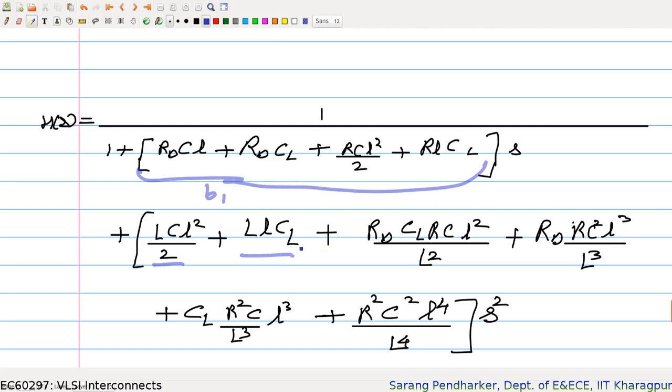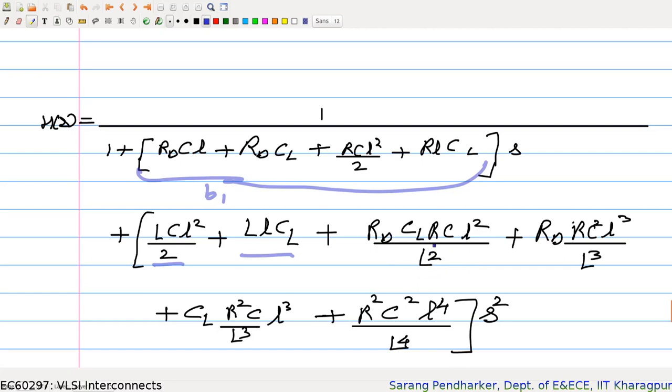Now all these other terms are the additional terms which would have been missing in my previous analysis.